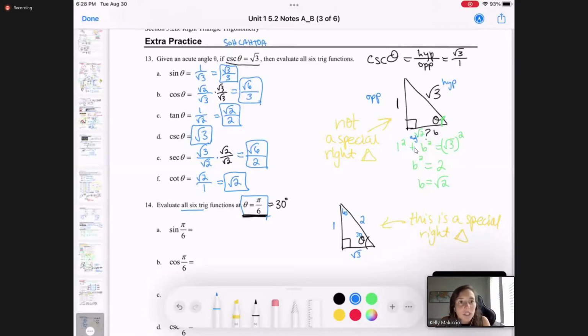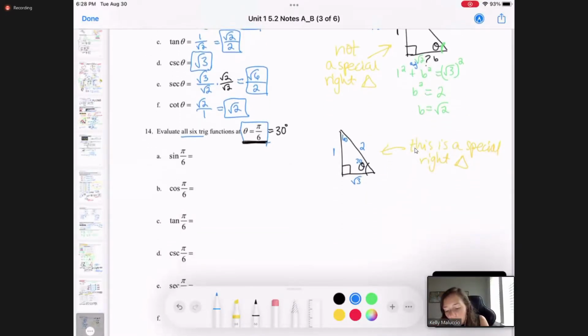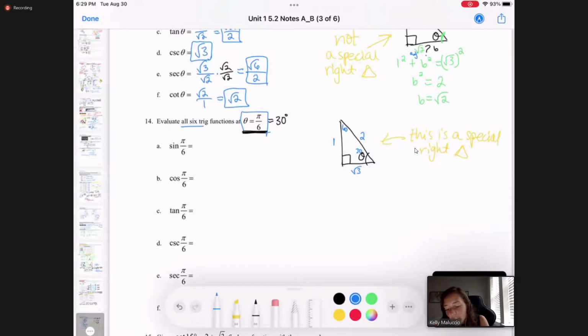And again, eventually you will need to have memorized sine, cosine, and tangent of pi over 6, these values. So you can either do it on the right triangle that I just did, or, again, based on memorization. So sine of pi over 6, which is the same as sine of 30, is 1/2. Then we have cosine of pi over 6, which is root 3 over 2. And again, I have these memorized, but you could be looking at the right triangle here too.